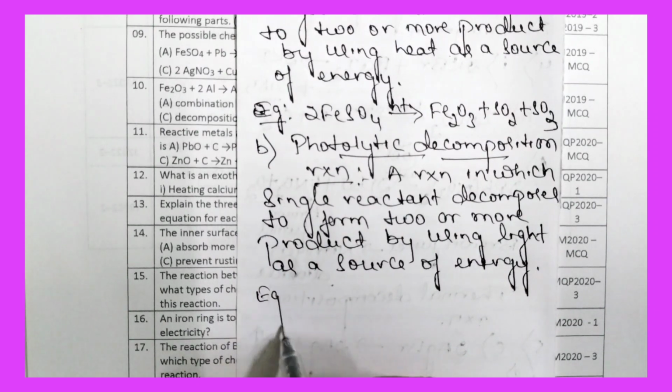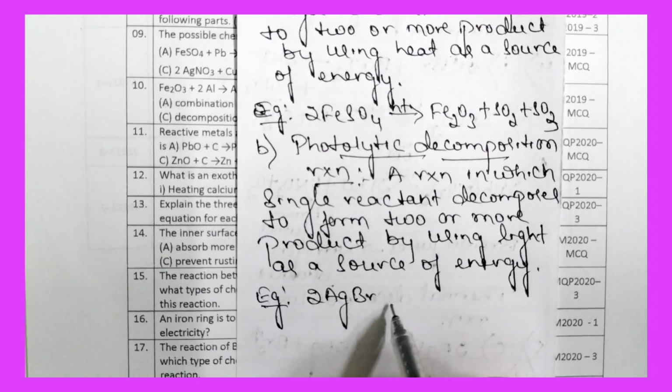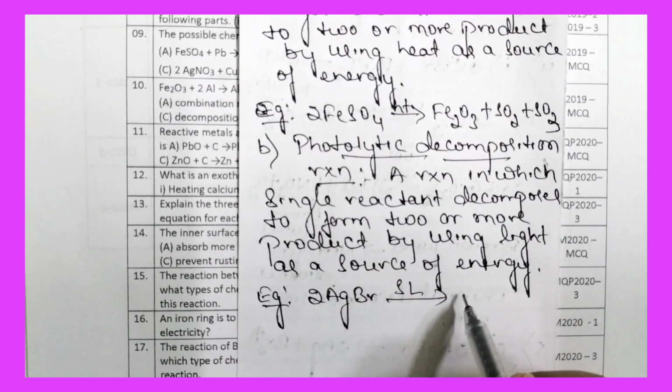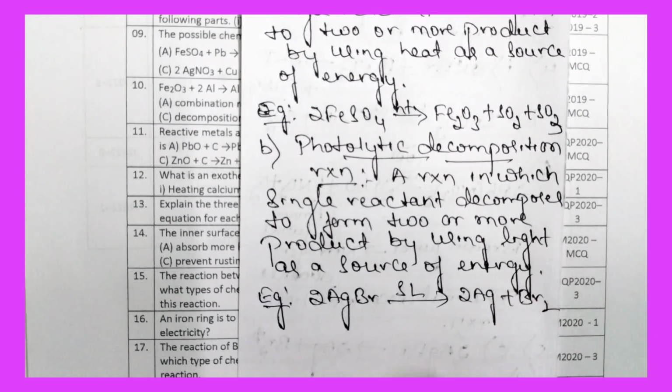So let us take an example. 2AgBr, in presence of sunlight, forms 2Ag plus Br2.